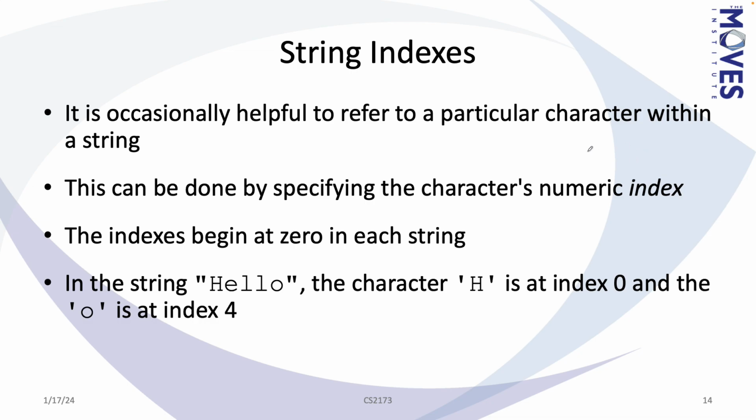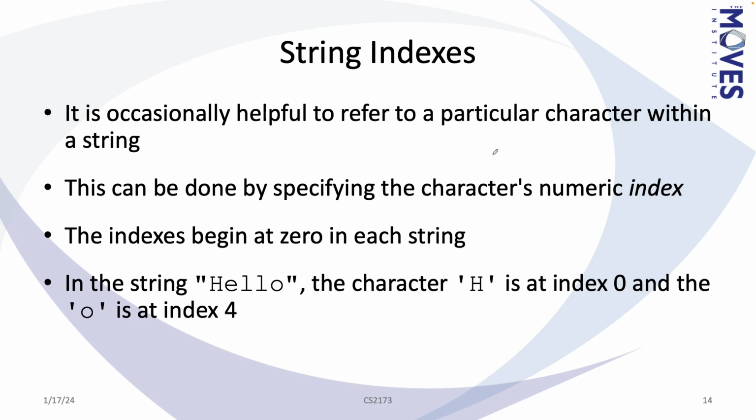So this is something where occasionally I might want to refer to a particular character. When I say occasionally, this is something that every now and then comes up a little bit, but the only use case I've found for this is that there have been cases where I want to capitalize the first letter in a string, in a name or something.